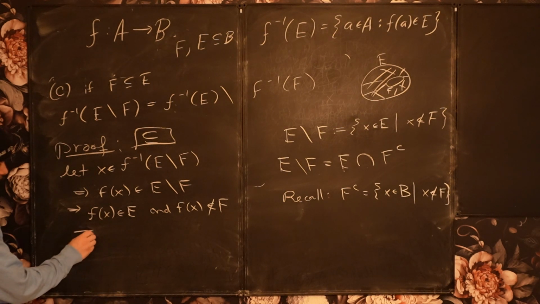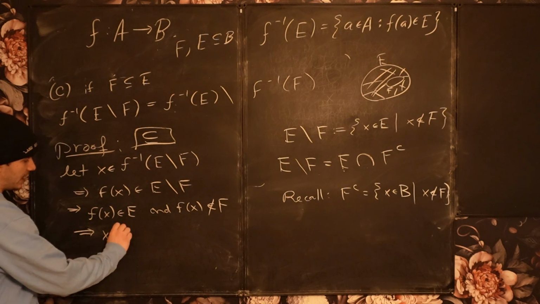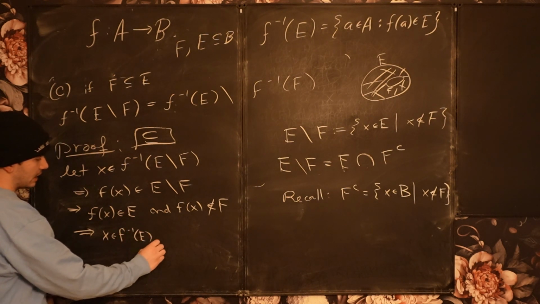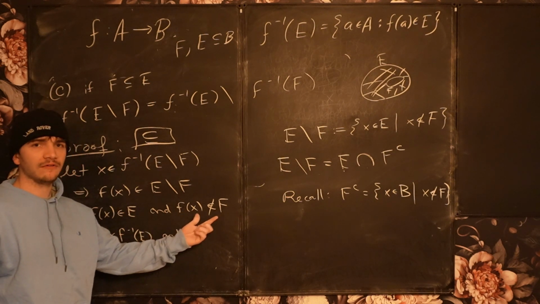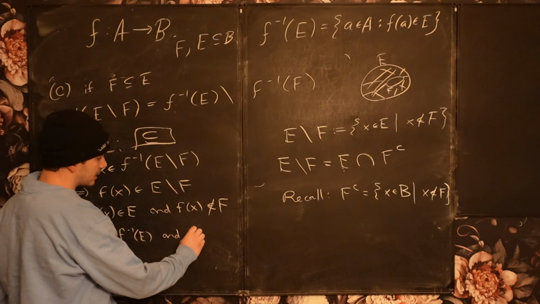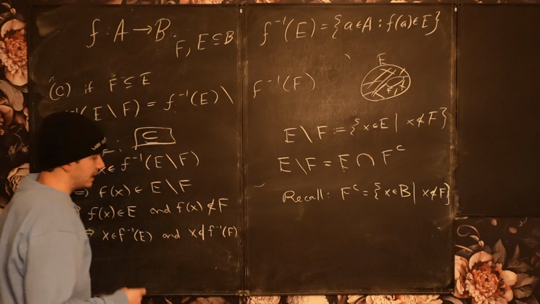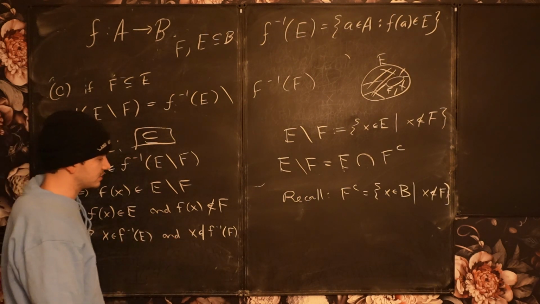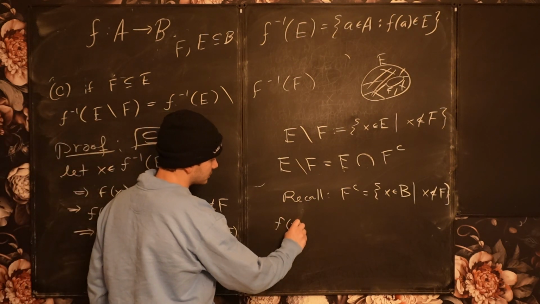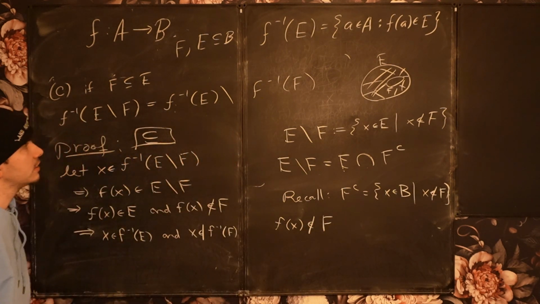What does this tell me? This tells me that x belongs to f inverse of E, and if f of x does not belong to F, then x cannot belong to f inverse of F. So this is the key step. Let's unpack this.